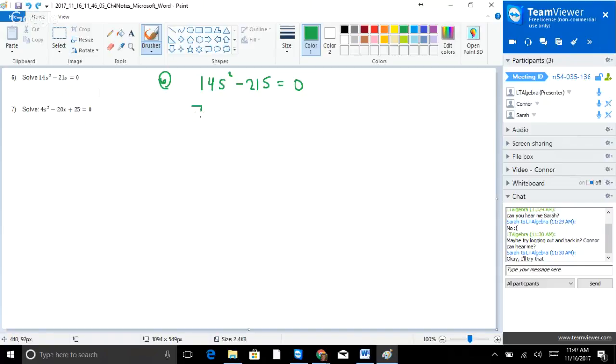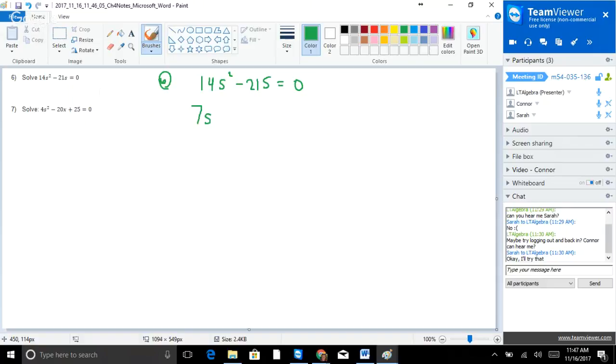Here, I'll make the number really big and then the letter small. There we go. What if I pulled a 7s out of both of them? That's really good that you recognize that, Connor, because a lot of people, even I think the first time, I've done this problem enough now that I know it, but I was kind of like, oh, how do I solve this? I don't have a last term. And I was like, oh, they both have 7s in common. I can just pull that out.